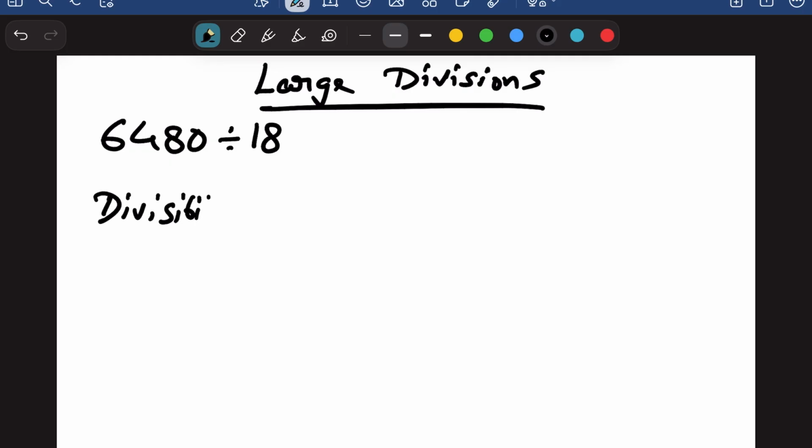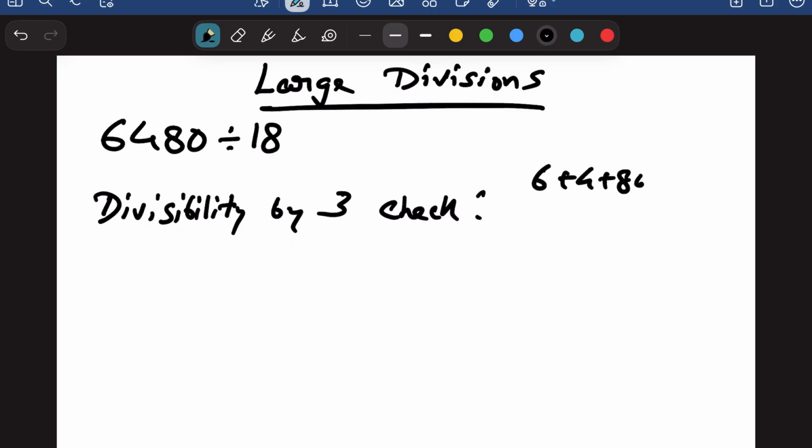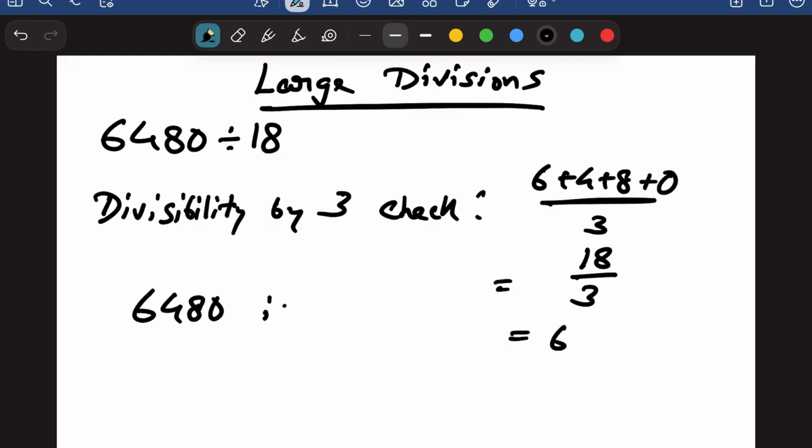So the divisibility by 3 check: if you add all the digits of a number, 6, 4, 8, and 0, and if this sum is divisible by 3, then the whole number is divisible by 3. 6 plus 4 is 10, plus 8 is 18, plus 0 is 18. That means this is indeed divisible by 3. That means 6480 is divisible by 3. Okay?